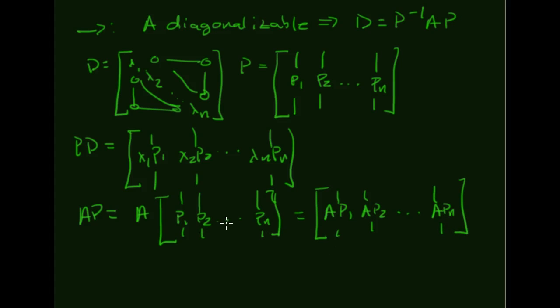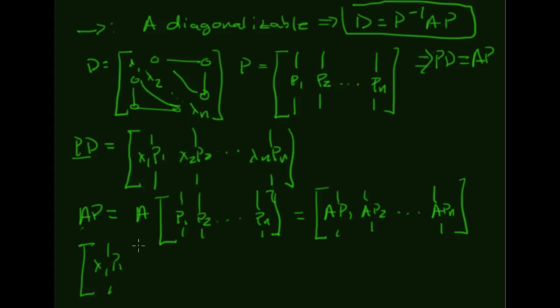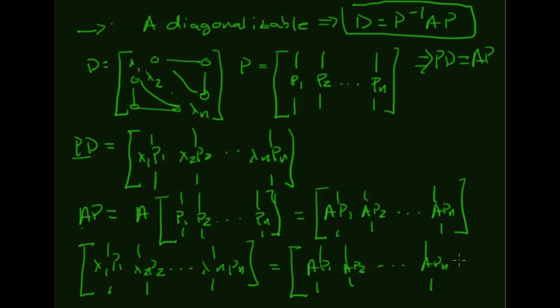Okay, so note D is equal to P inverse AP, so this would imply that PD has to equal AP, which means that lambda 1 P1, lambda 2 P2, out to lambda n Pn has to equal AP1, AP2, out to APn.